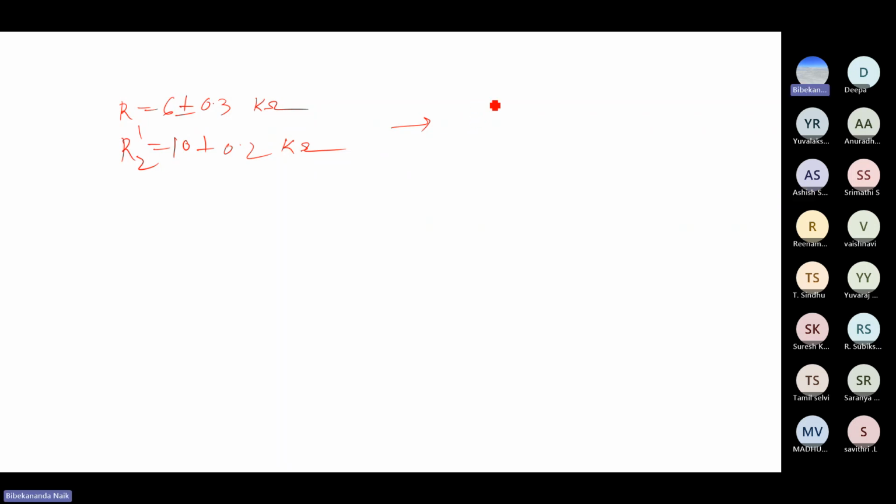Sorry, once again, I couldn't hear you properly. Sir, what will be the percentage error if they are connected in parallel combination?